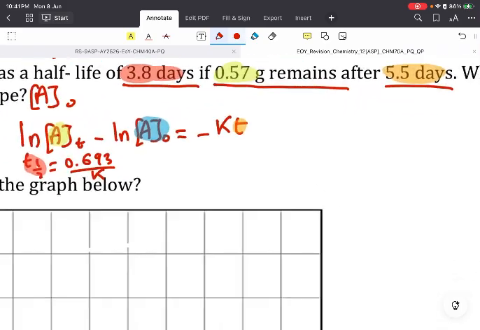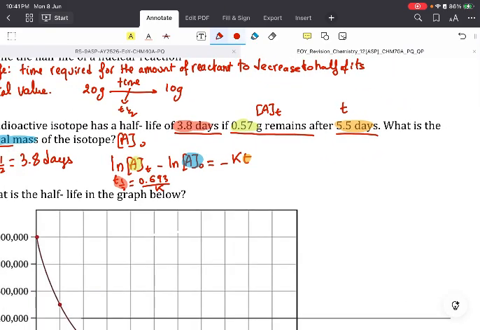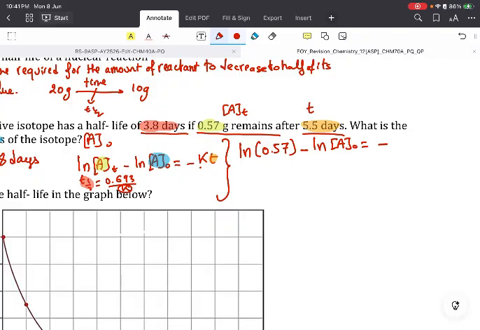So first of all, let's find K, or let me just substitute immediately. So ln 0.57 minus ln A0 equal minus KT. Now K is gonna be 0.693 over T half.